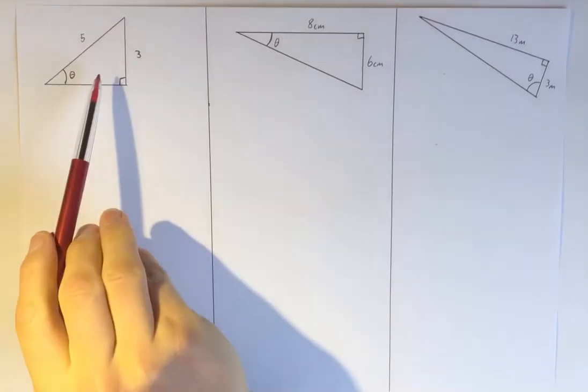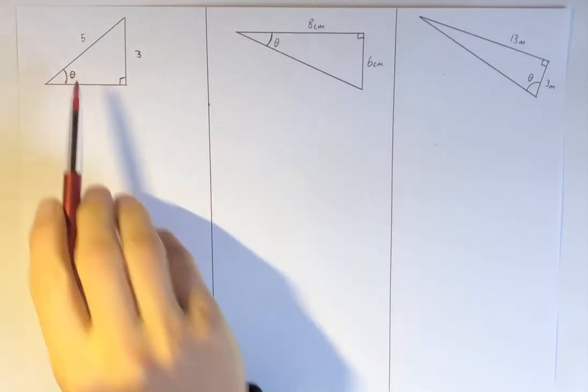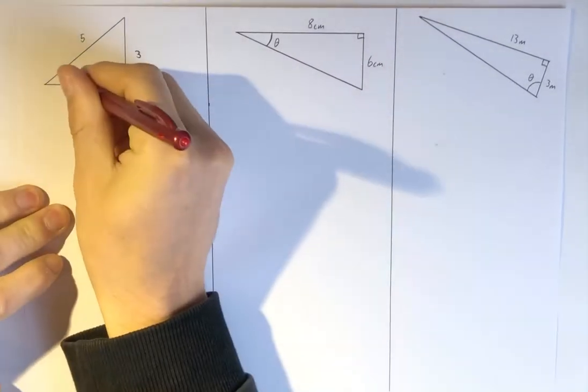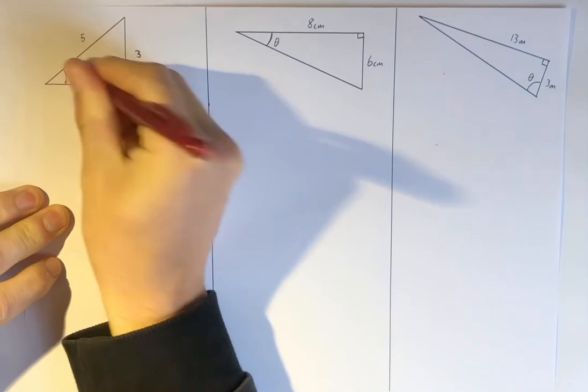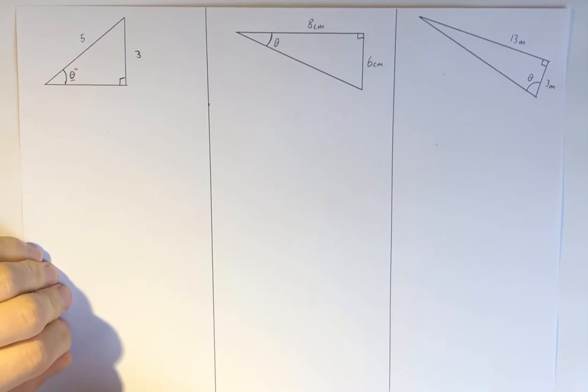I've got 3 right-angled triangles here, and I don't know the angle, so I'm going to be trying to find the angle theta, which is measured in degrees. Most of our steps are all the same going through this. The first thing we do is label the sides in question.